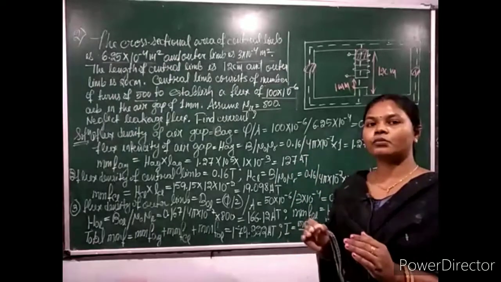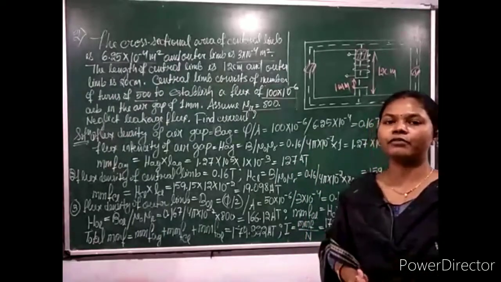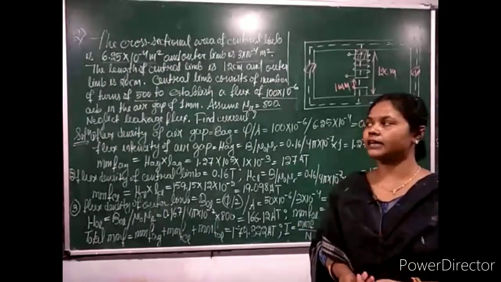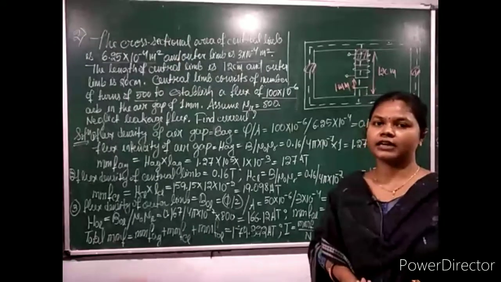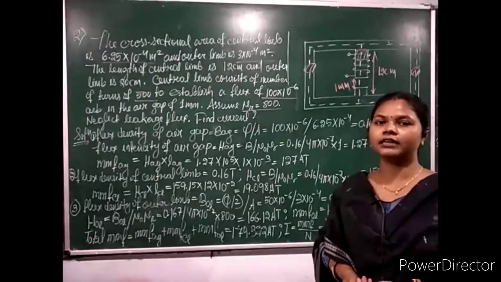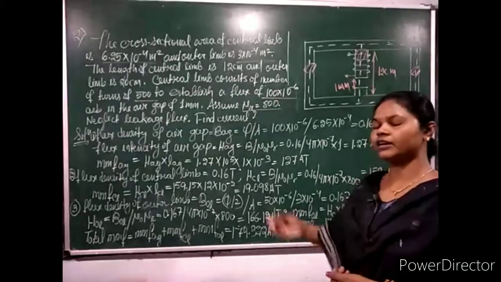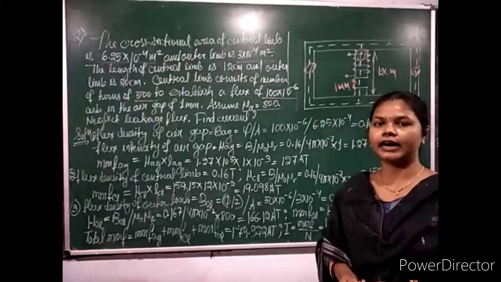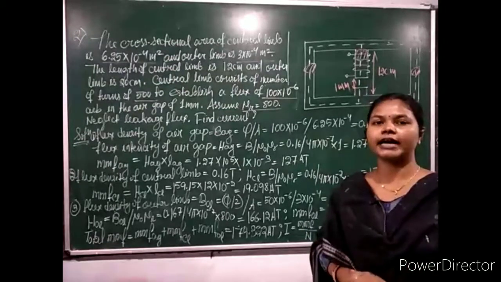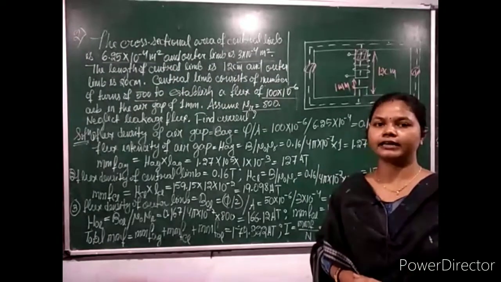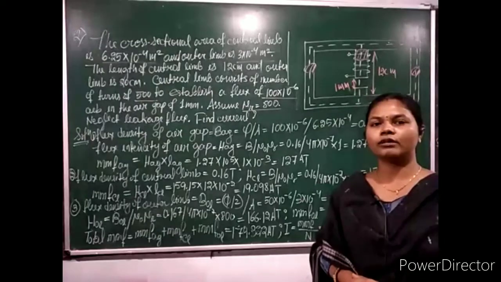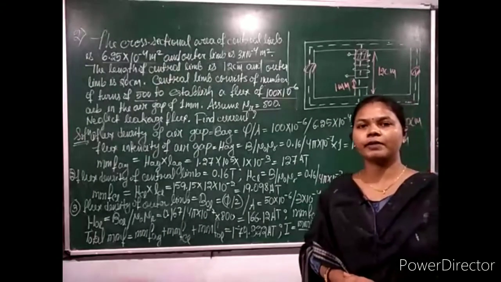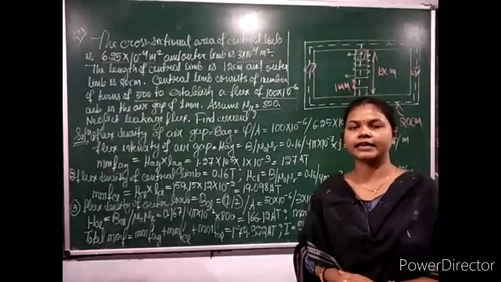These are the data given. So here we proceed in the same way we proceeded in the first numerical. Here also for finding current I, you use the formula MMF is equal to NI. So to calculate current, we will first find the total MMF of this magnetic circuit.